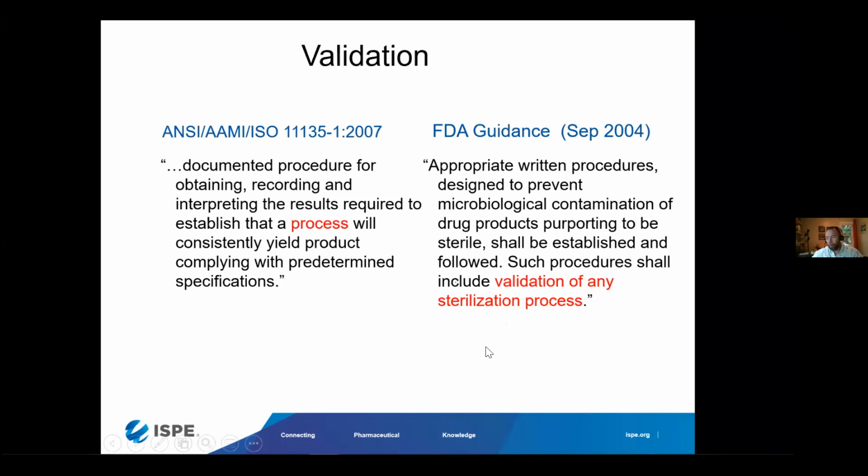Probably my favorite guidance here is from the FDA. This is FDA guidance for the industry, published in 2004. Take a look at this one. This is not a regulation, but rather a guidebook on how to meet these international regulations. So take a look at FDA guidance for industry for parenteral products in 2004.